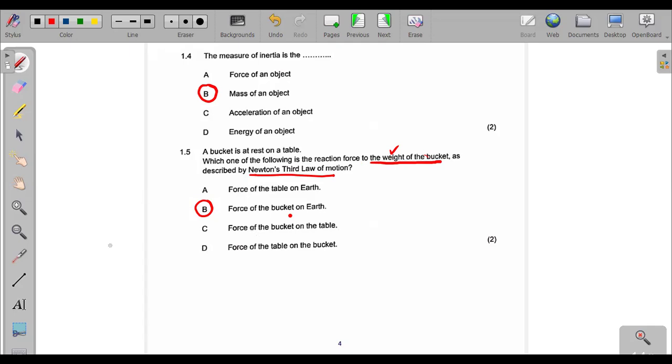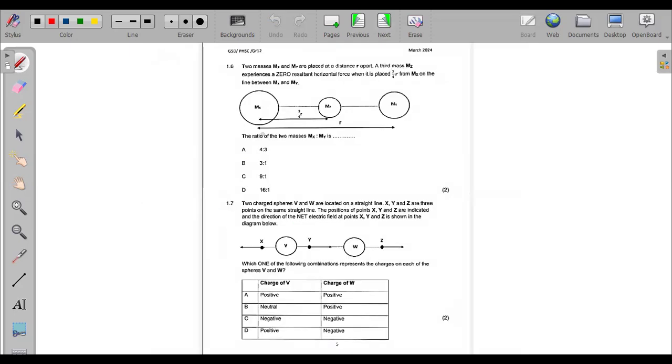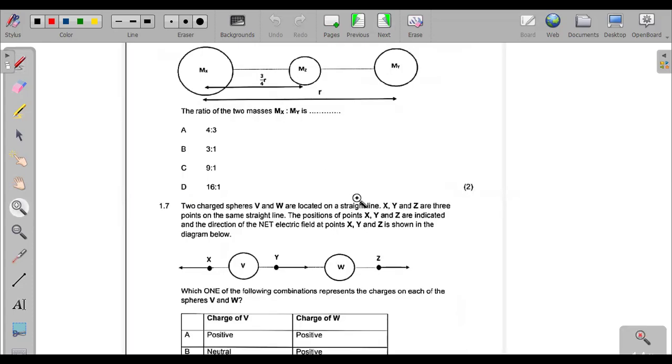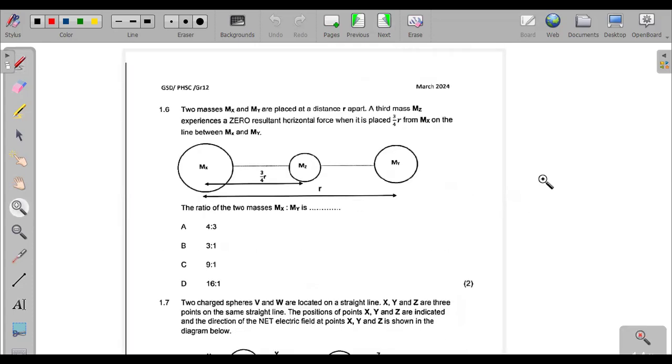Let's go to 1.6. Two masses mx and my are placed at a distance r apart. A third mass mz experiences a zero resultant horizontal force when it is placed 3/4 r from mx on the line between mx and my.